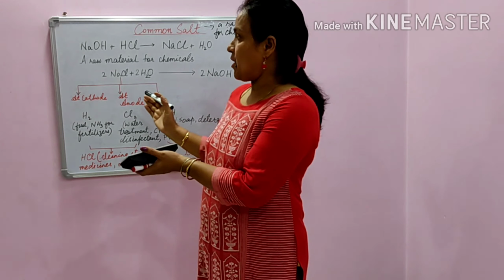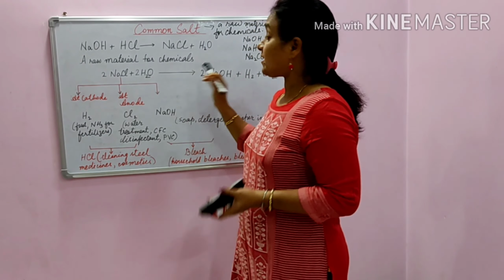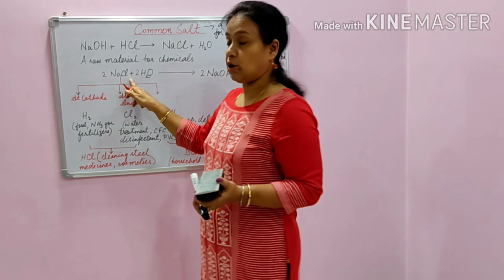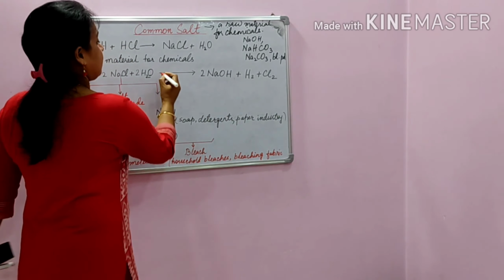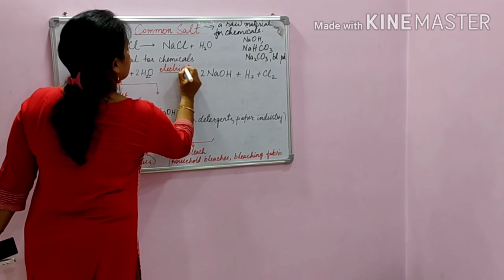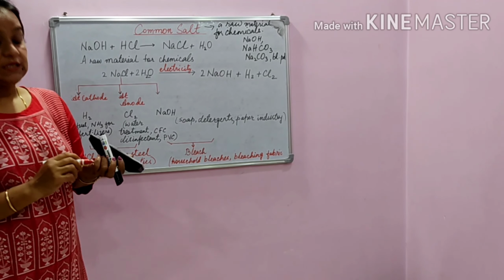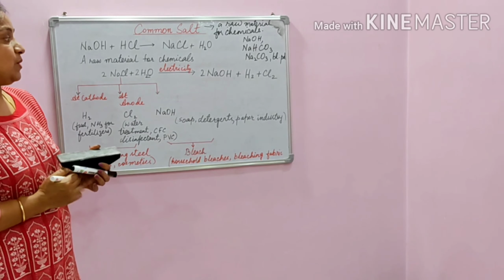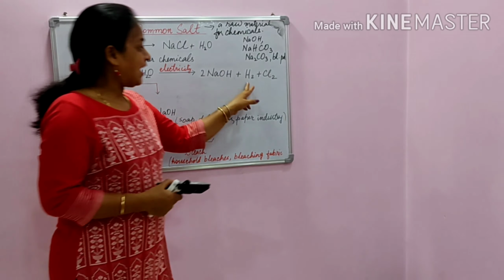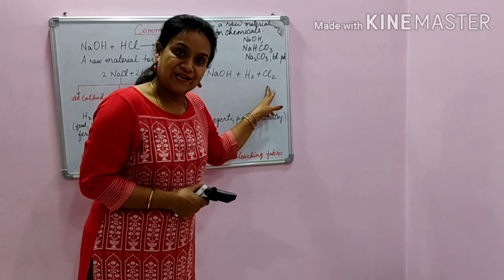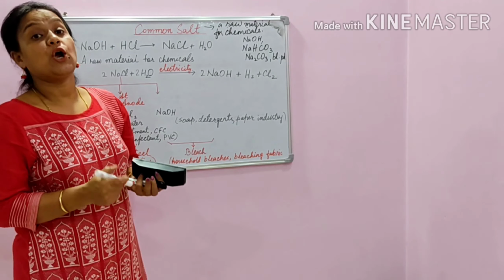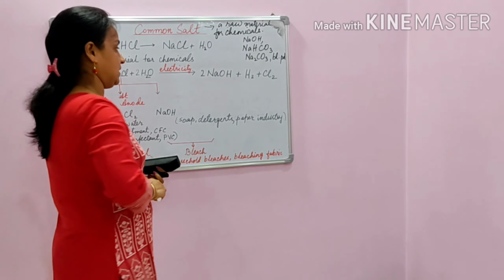So when we take this brine and pass electricity through it, what happens? It undergoes electrochemical decomposition and we get an alkali, that is sodium hydroxide, hydrogen gas and chlorine gas. This process is called the Chlor-alkali process.